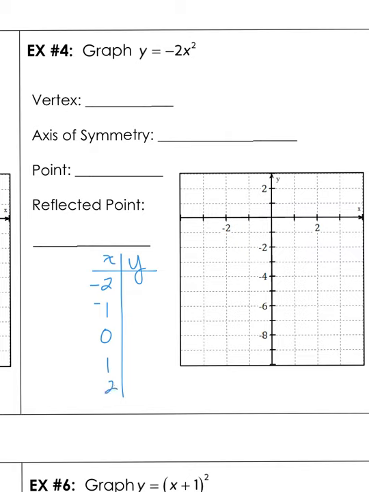So -2 squared is positive 4 times -2 is -8. -1 squared is positive 1 times -2 is -2. 0 squared is 0 times -2 is 0. 1 squared is 1 times -2 is -2. 2 squared is 4 times -2 is -8. So the parent function would have been here.